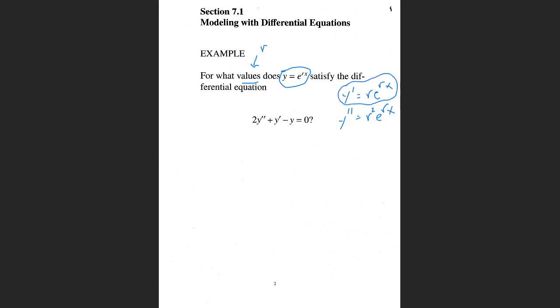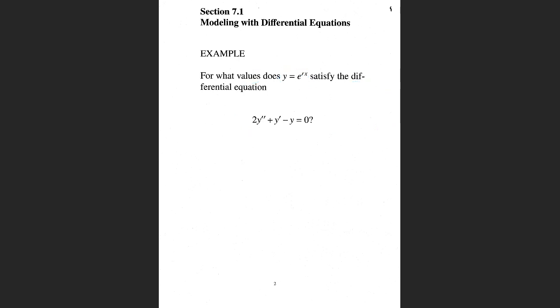So you see, what we can do is take the y and the y prime and the y double prime, and what can we do with those in regards to this equation? What do you think we should do? Substitute. That's right. Good instincts, Nathan. Substitute those in the differential equation and then see if we can solve for r. And that's what we're going to do.